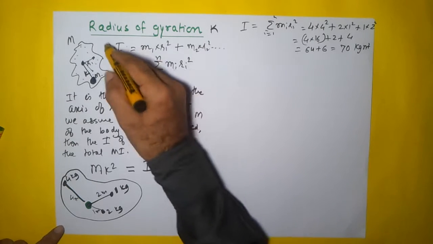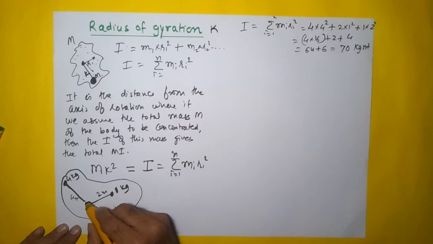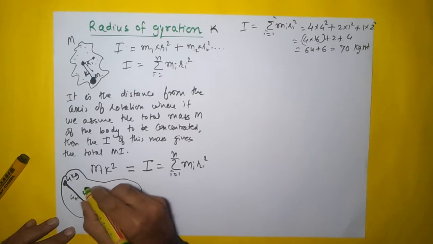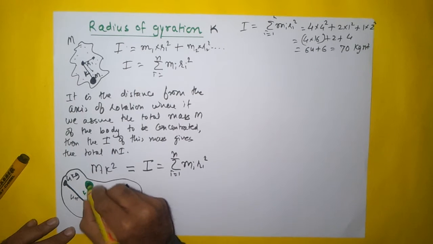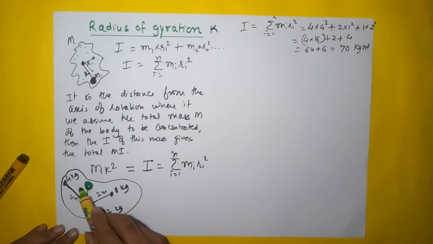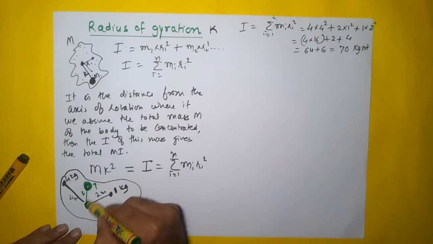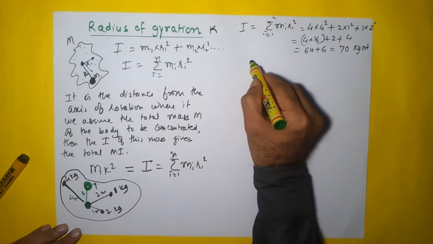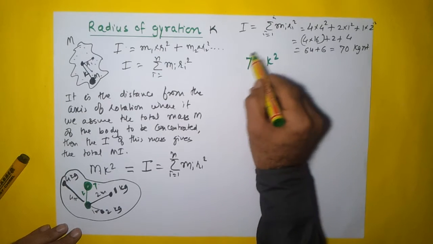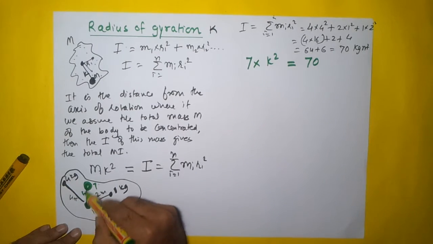Now we will find the radius of gyration of this body. We assume that at some distance k, the total mass of the body is concentrated, and this total mass would be 4 plus 1 plus 2, which is 7. The moment of inertia of this system would be 7 into k square. If 7 k square turns out to be 70, then this k is the radius of gyration of this body.